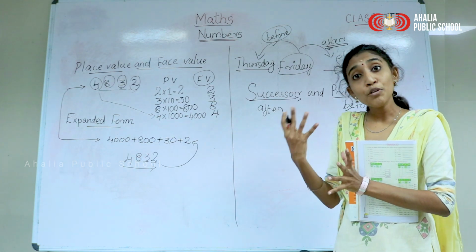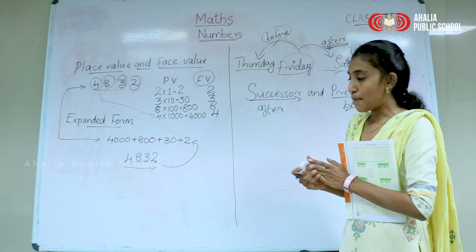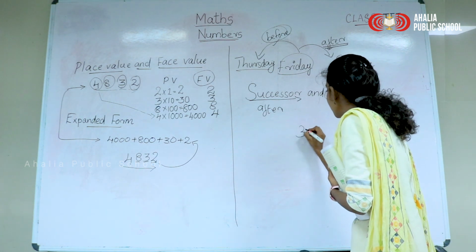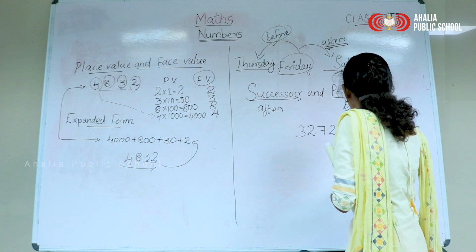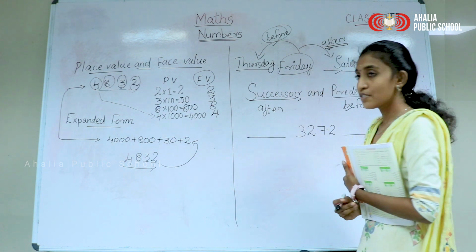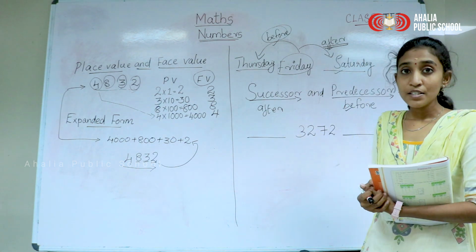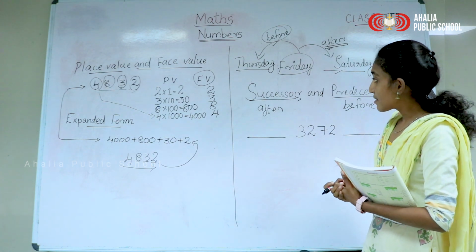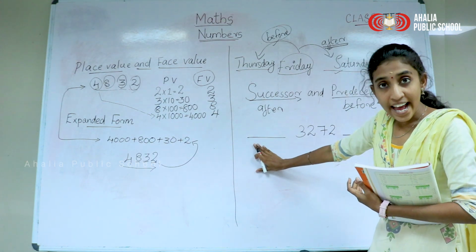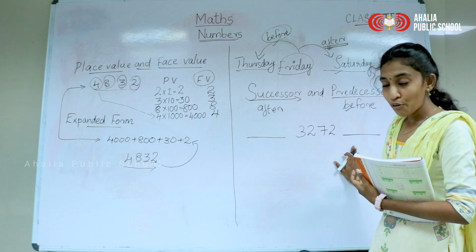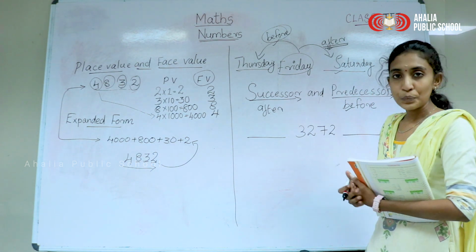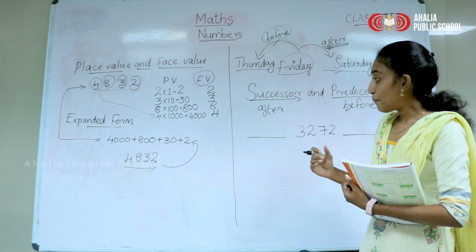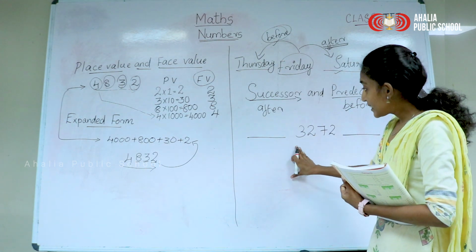So in the term of numbers, let's see some examples. So this is the number. So the question is, what is the predecessor and successor of 3272? ഇതാണ് question.